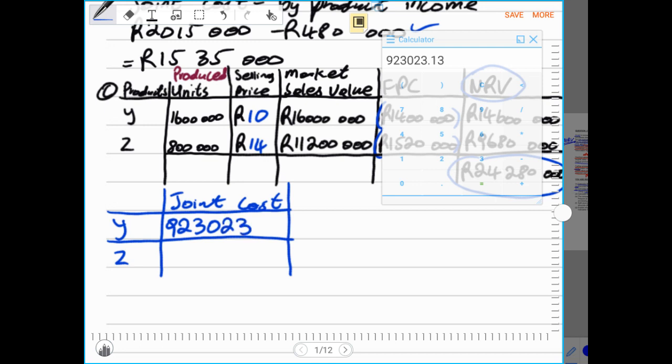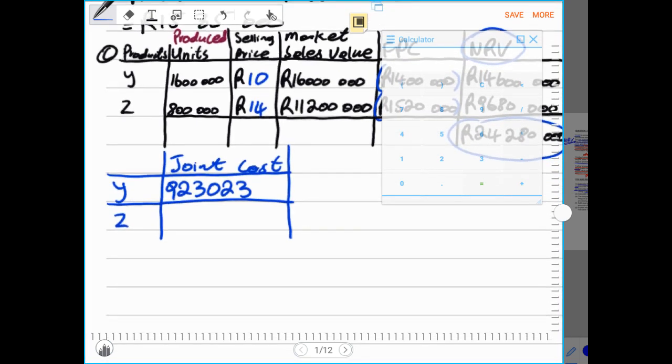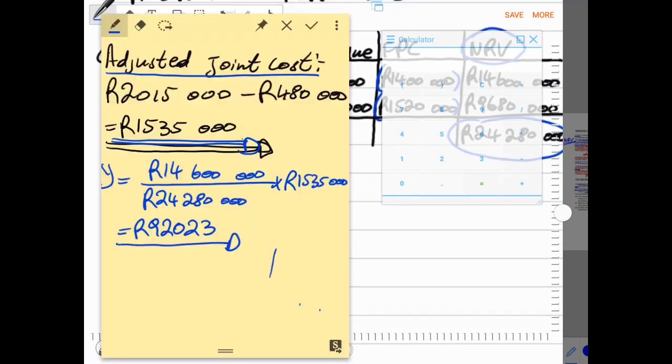Then we have allocated our joint cost for the first product, which is product Y. Then we allocate our joint cost for the second product, and it will be the same method.